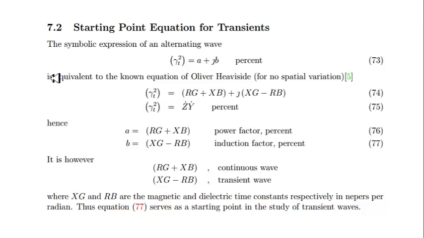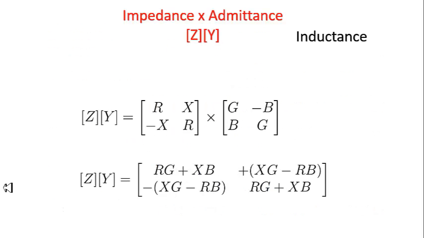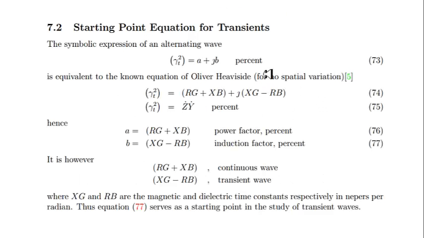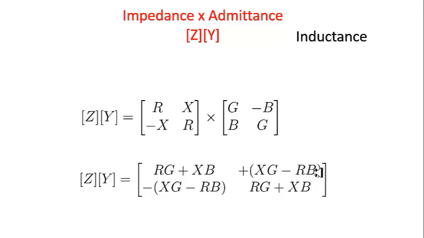the equivalent to the known equation of Oliver Heaviside. Okay, this equation, which I've seen in the works of Eric Dollard before, this is, in fact, what I've derived right here. It is exactly this equation here, where you've got R times G plus X times B plus J, which is the imaginary identity that Eric Dollard uses, XG minus RB. So this is exactly what I have, XG minus RB.